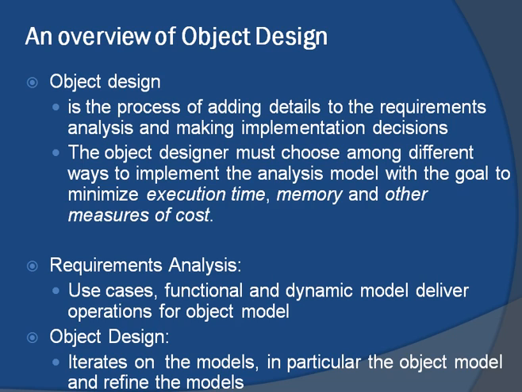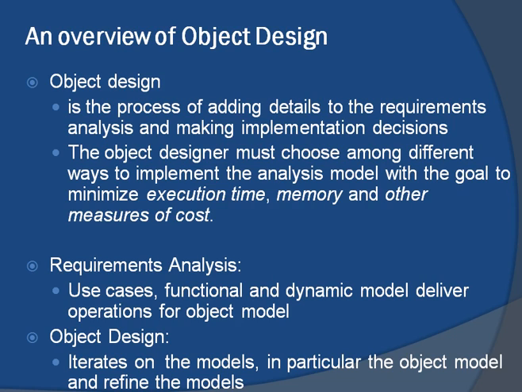Requirement analysis has to be carried out here. In requirement analysis, we make use of use cases. Functional and dynamic model deliver operations for the object model. Why are we focusing on the analysis model here?